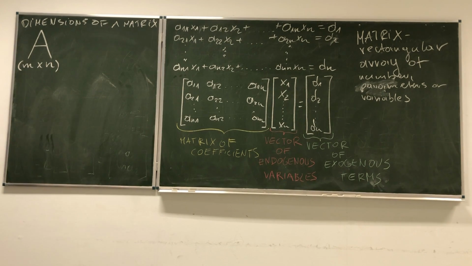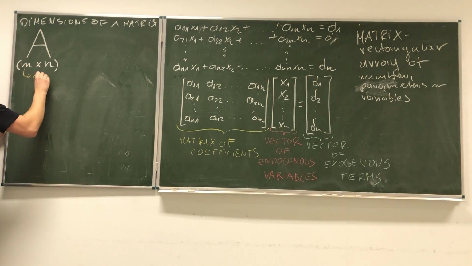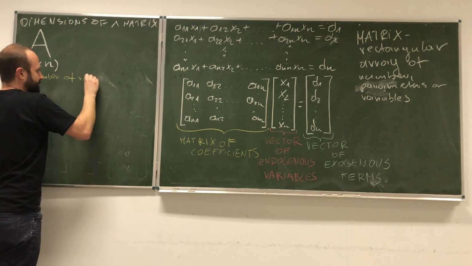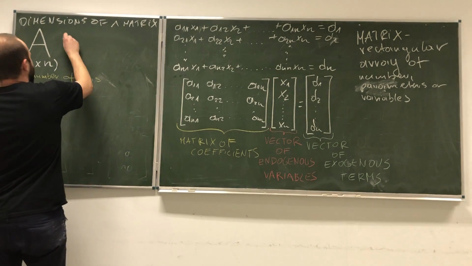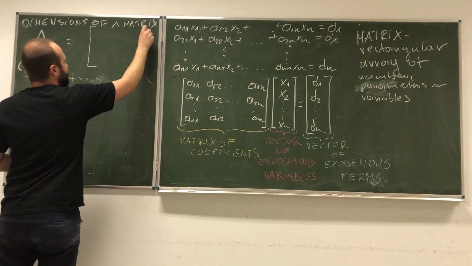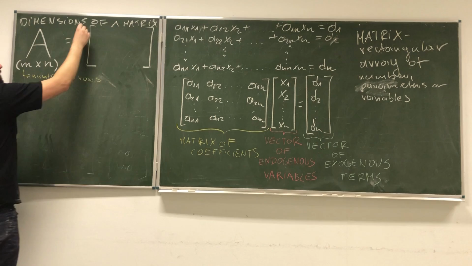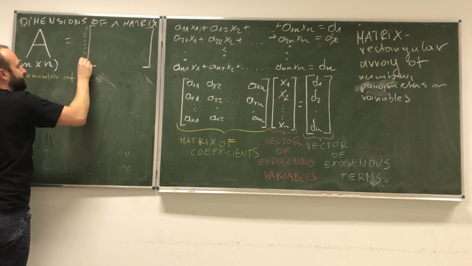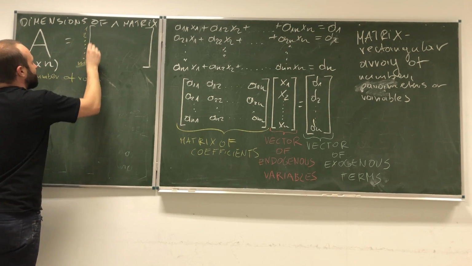And look, m is the number of rows. So, some matrix like this, then this matrix has 1, 2, 3, until m rows.